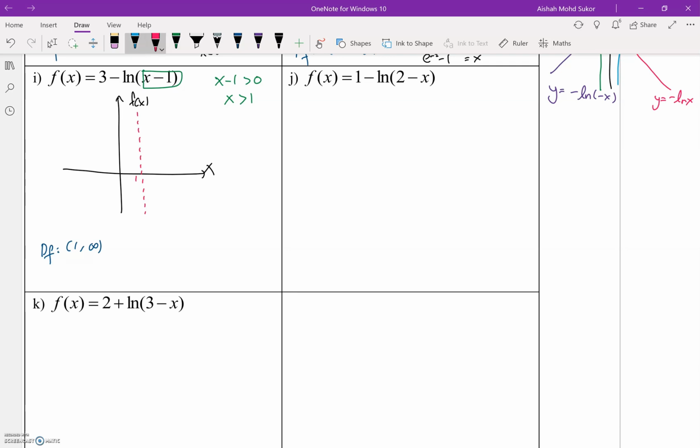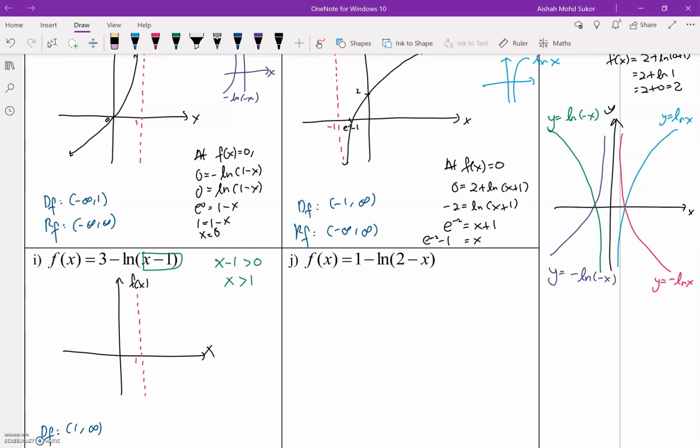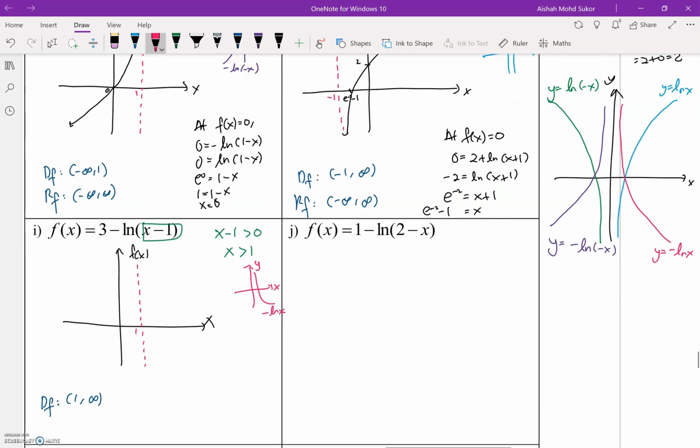By looking at the function, in front of ln there is a negative sign, and in front of x there is a positive sign. Therefore, our basic shape is this, negative ln x.